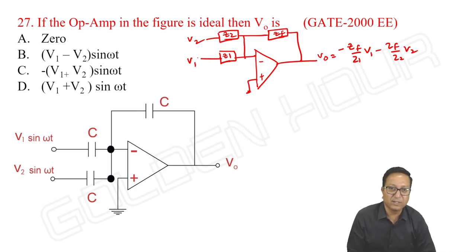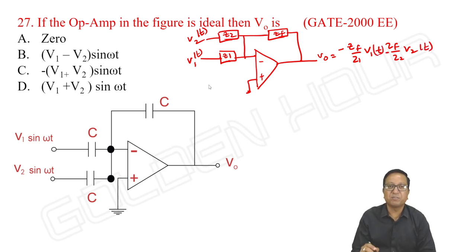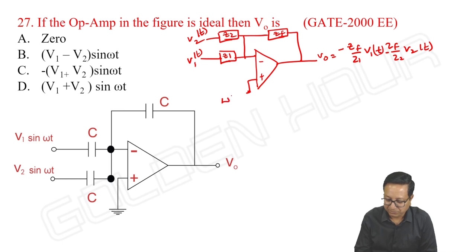The thing here is V1 and V2 should be sinusoidal signals, or I can write V1 of t and V2 of t, right? If we want, we can write it like that also. V1 and V2 should have the same frequency or time period. That's the must and should condition.